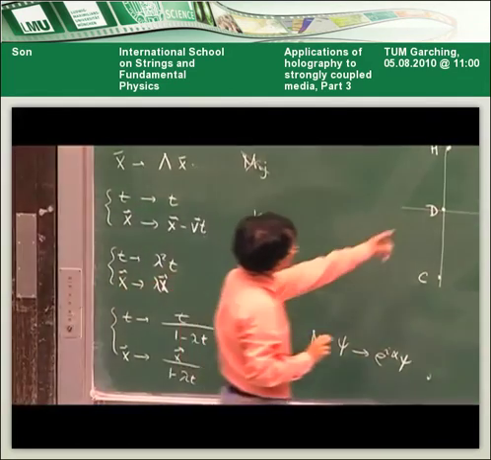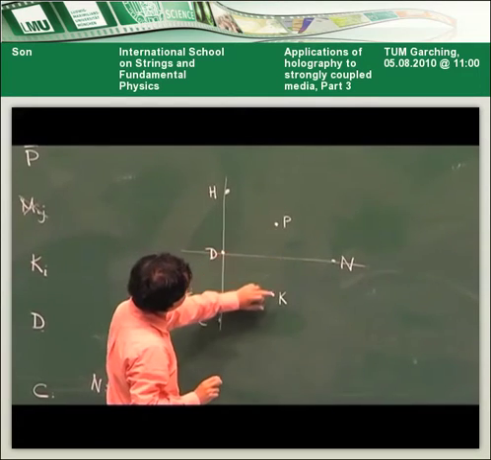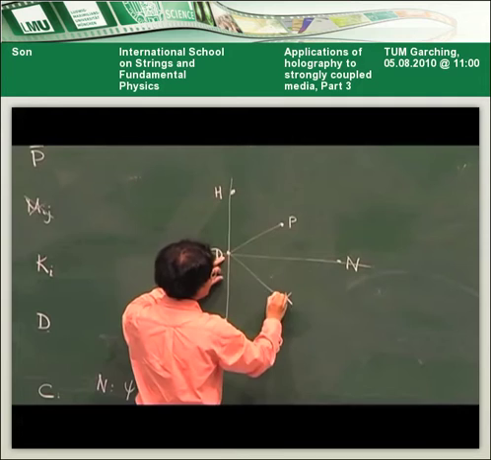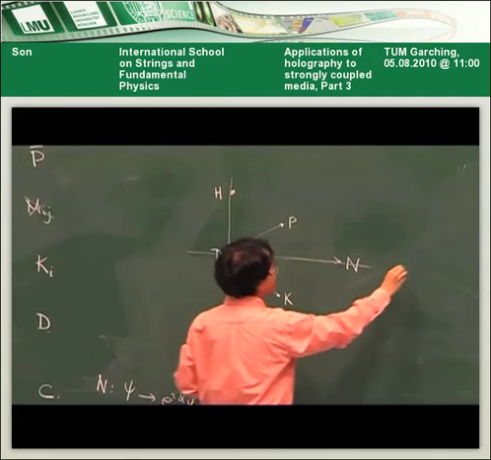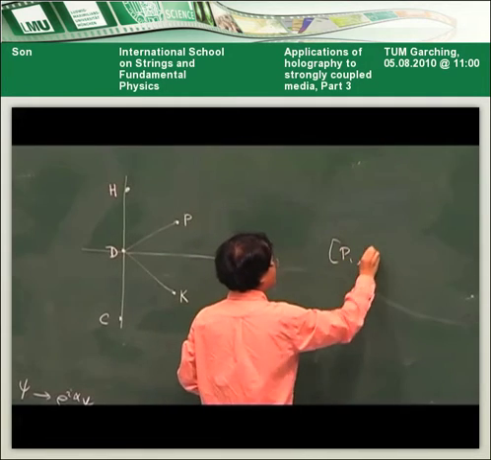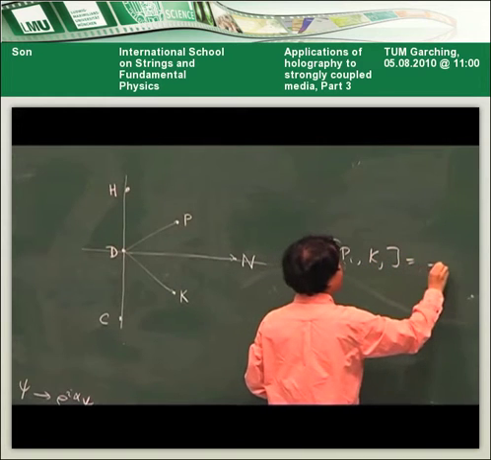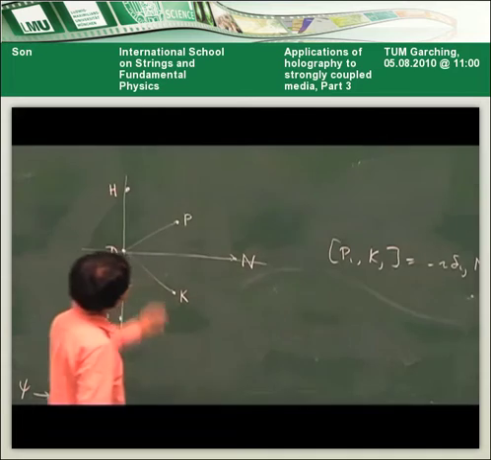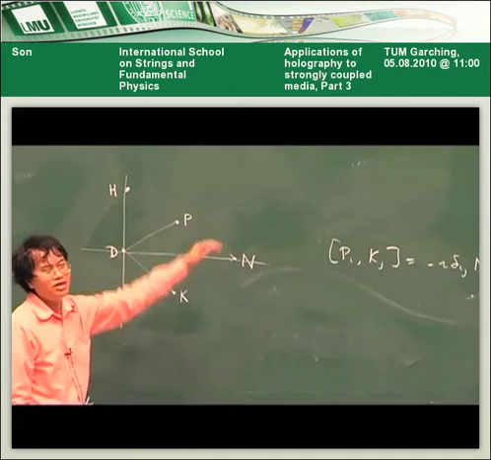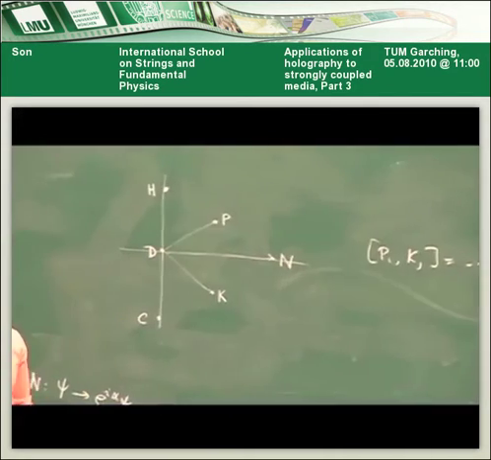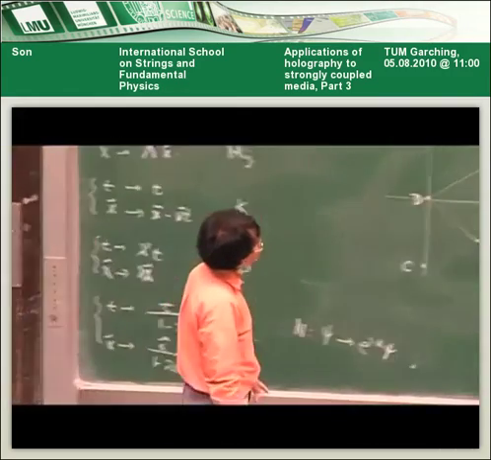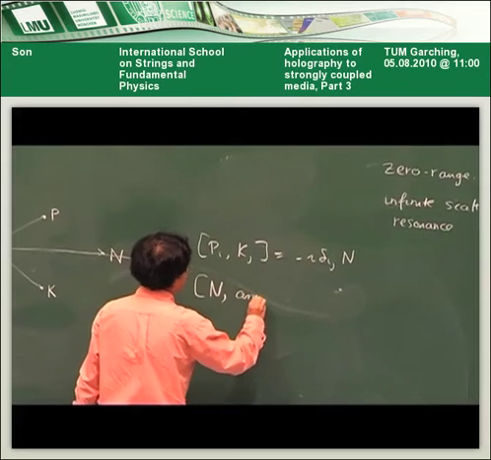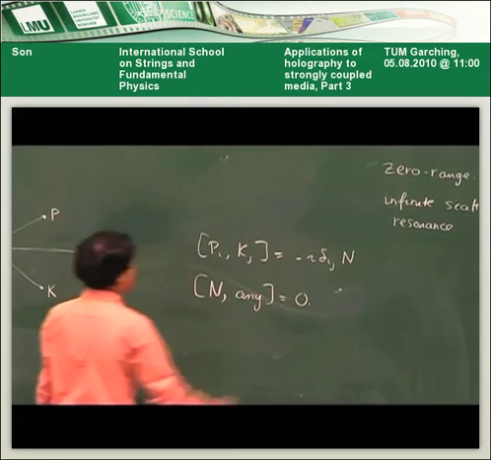If you want to compute the commutator of P with K, you take this vector, sum them together, and you get N. So you can check actually that [P_i, K_j] is equal to minus i delta_ij N, for example, something like that. If the sum of the two vectors goes beyond this table, then the commutator is 0. In particular, the commutator of N with anything is 0. N is the central charge of this algebra.